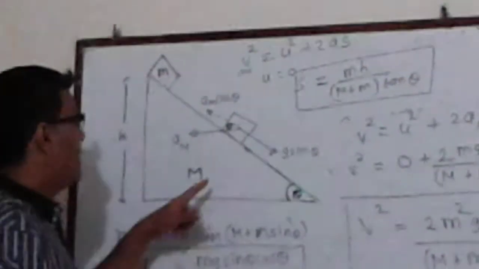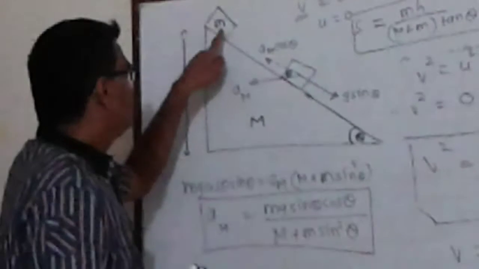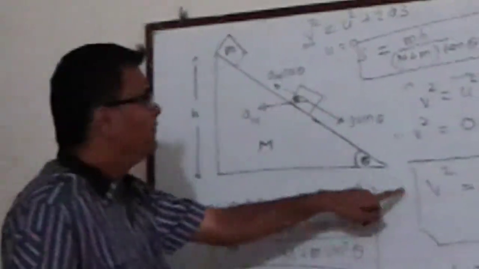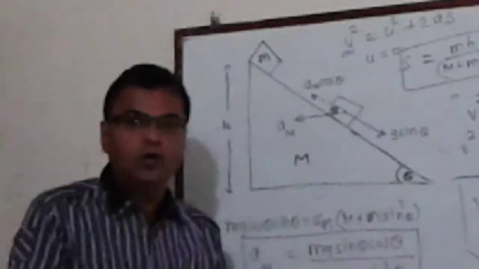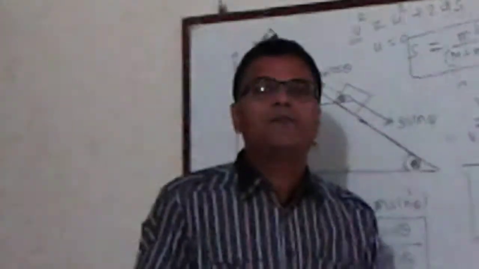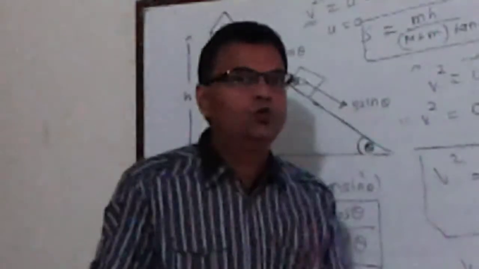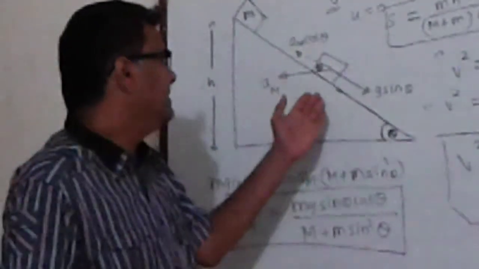Let us quickly summarize. In part 1, first we found the distance moved by the wedge as the block comes from top to bottom. For that we use the principle of conservation of momentum, and we also considered that the center of mass does not move when there is no external force acting, as in this case.